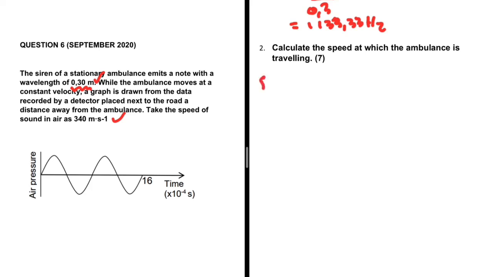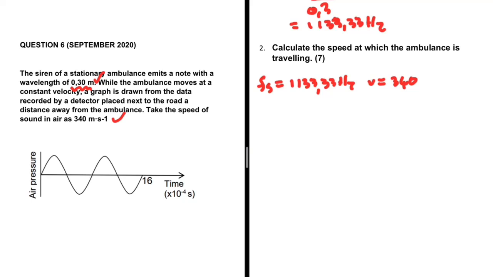we know that the frequency emitted by the siren is 1133.33 hertz. We have speed of sound in air, so V is equal to 340. Do we have the velocity of the listener, the velocity of the detector, or is it stationary?